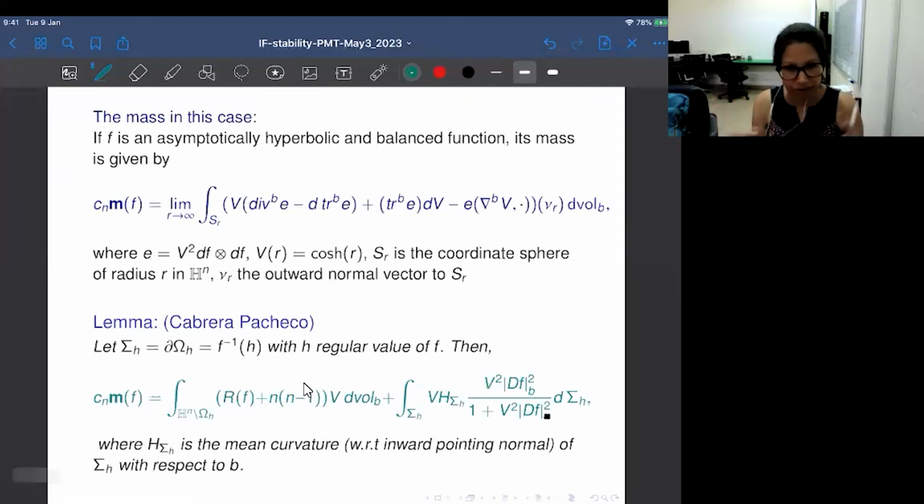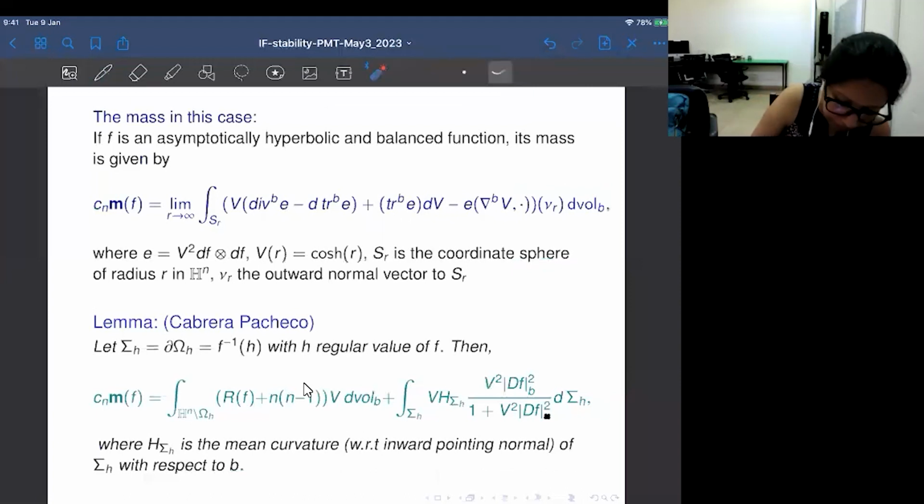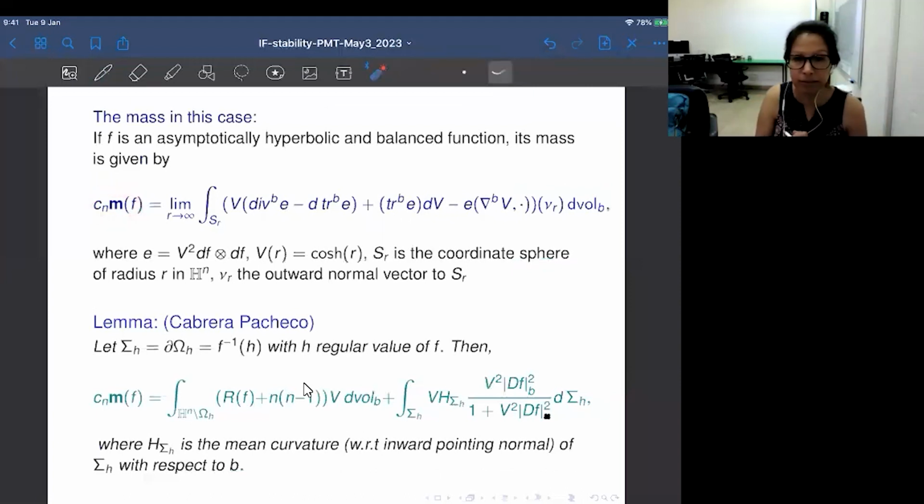Here I'm just telling you how the mass is defined, but this was actually explained by Lan. So this is the mass, and here what one has is this E. This E is basically measuring the difference between the Riemannian tensor of the hyperbolic space and our graph.